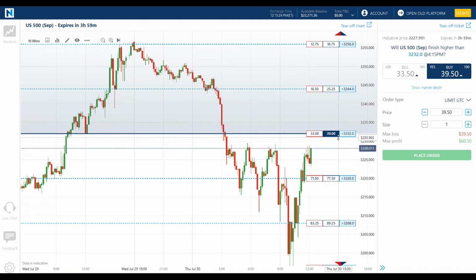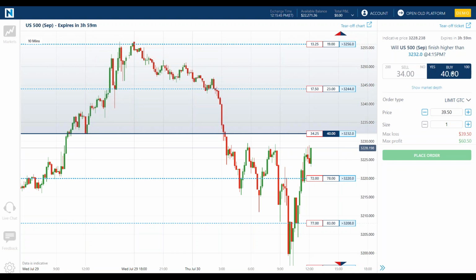So when I click buy, I think yes, it's going to settle, not trade above, but actually finish at the end of the day, so 4:15 Eastern, which is in exactly 4 hours. In 4 hours, will the S&P 500 be higher than 32.32?